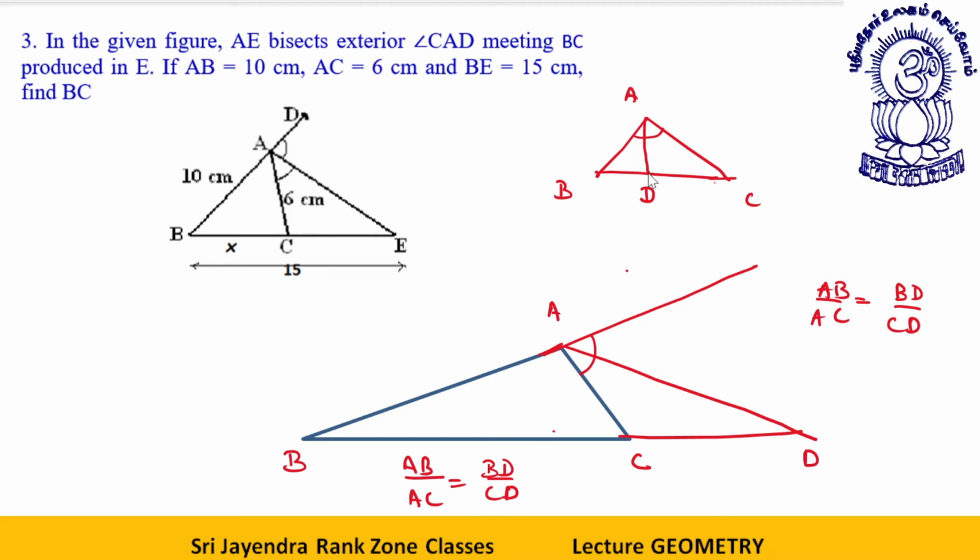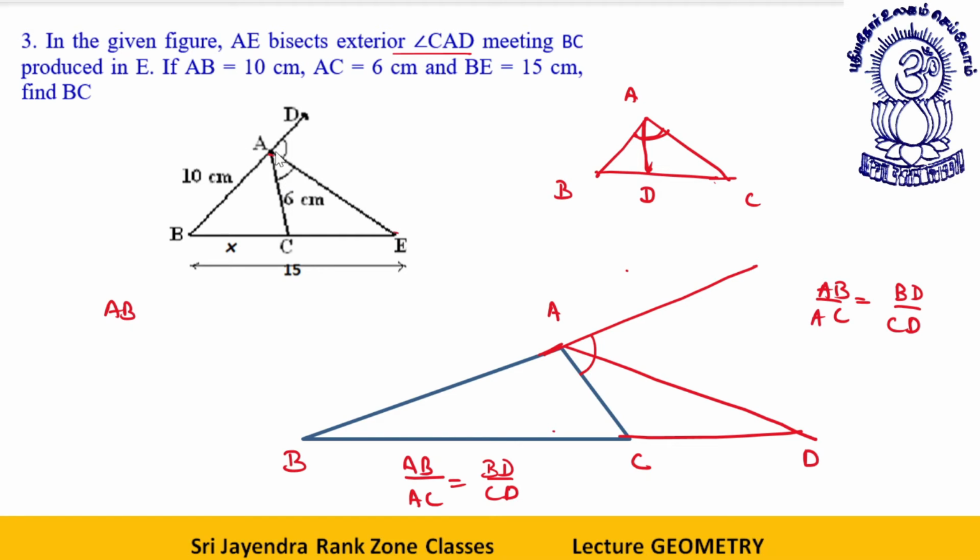It doesn't matter where this point D is. If this is the internal bisector, then this point will be D. If this is the external angle bisector, then this point will be D. But the theorem remains the same, that is AB by AC is equal to BD by CD. Here we have the exterior angle CAD, and this is the bisector.